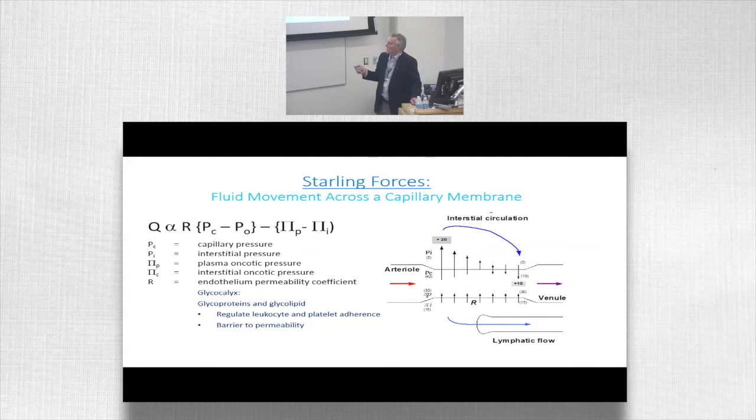It's a glycocalyx full of glycoproteins and glycolipid. That's what regulates leukocyte and platelet adherence. That's the barrier to permeability, and that's what gets disrupted in inflammation and in our patients such as cardiopulmonary bypass. It's extremely hard to manage and manipulate that. Once we start to see that disruption, we don't have a drug that's actually going to reverse that injury.